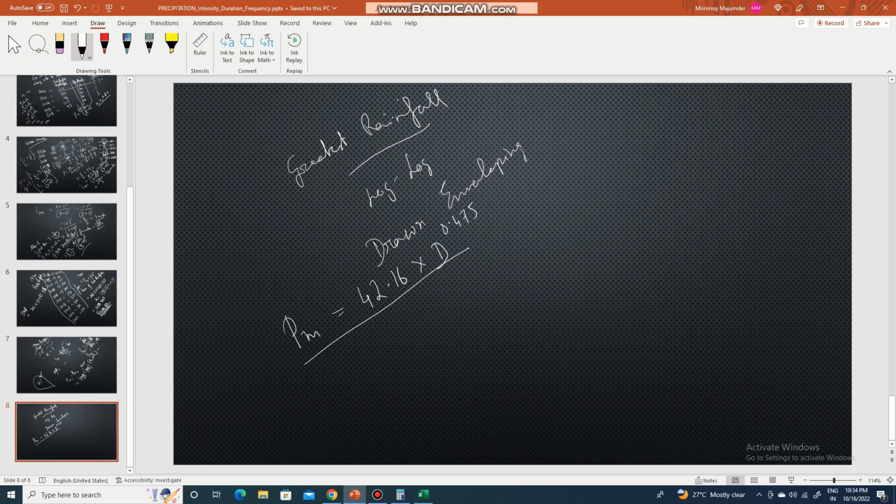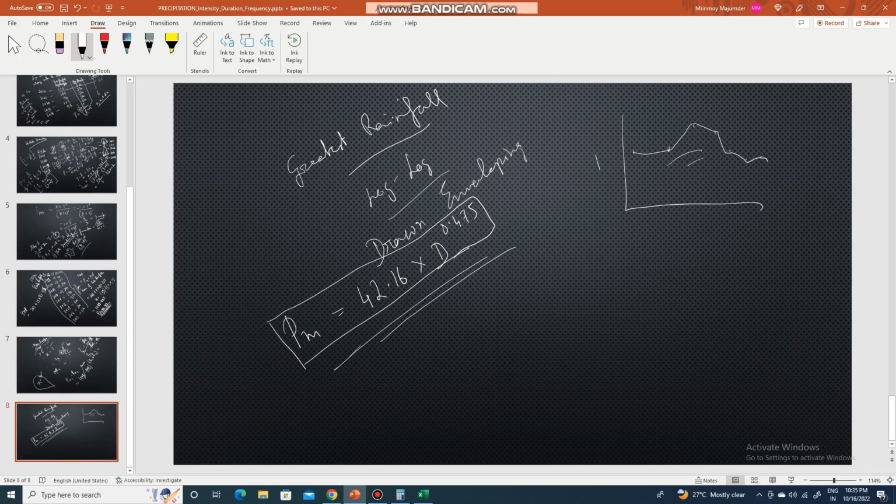So this is the relationship that exists between mean rainfall and duration of rainfall when the greatest rainfall of the world for the last 100 years is collected, arranged and plotted on a log graph paper, and then an enveloping curve was drawn which connects all those rainfalls. If you find the equation of this curve, it comes like this.